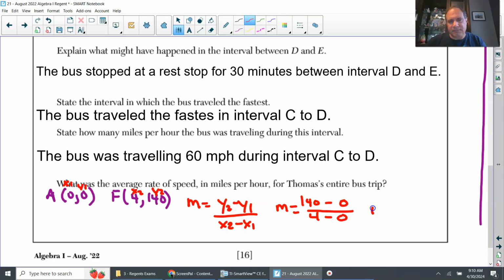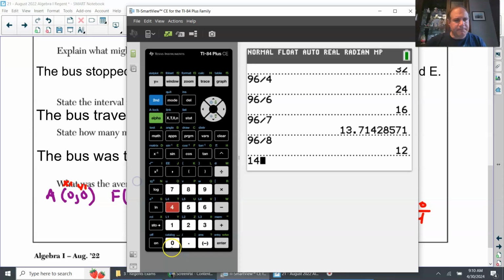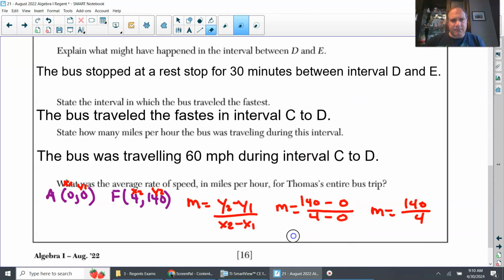Nice and easy, 140 over 4. You don't have to write that, you could put it directly into your calculator, 140 divided by 4. m equals 35 miles per hour.